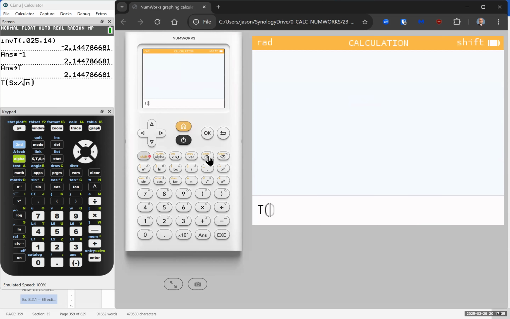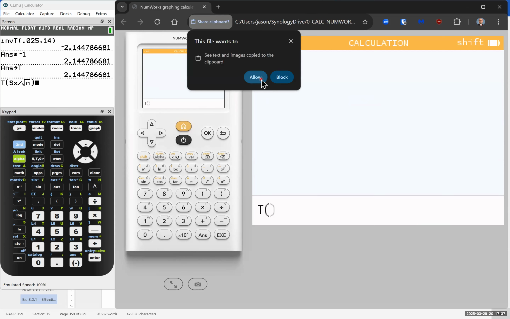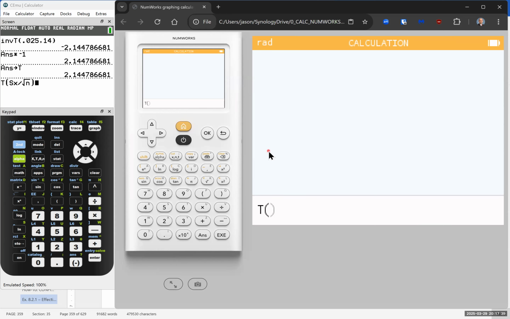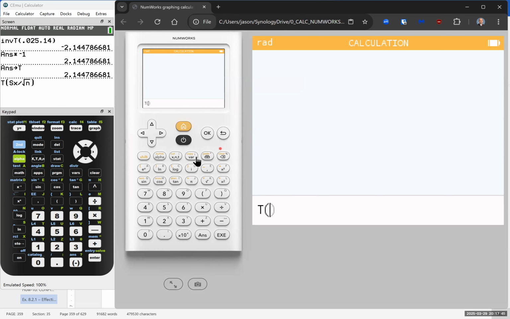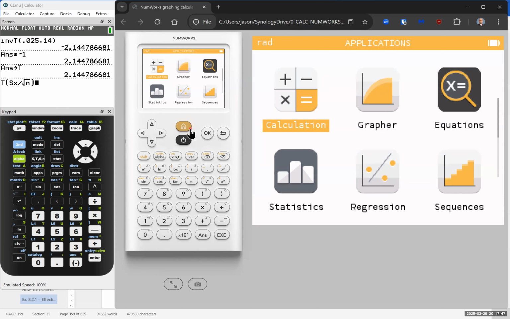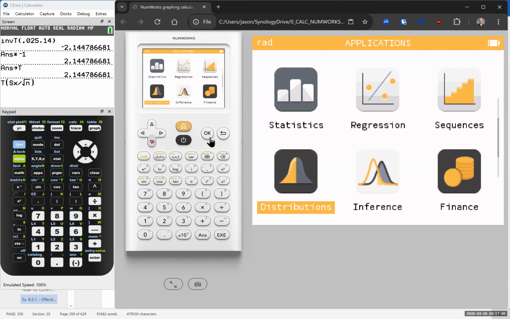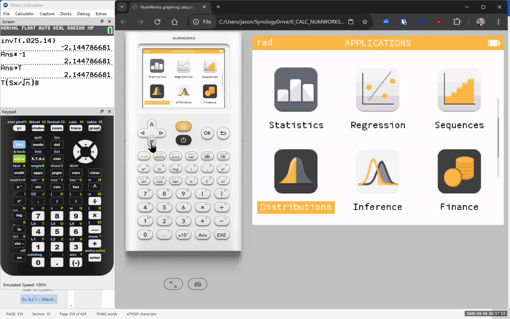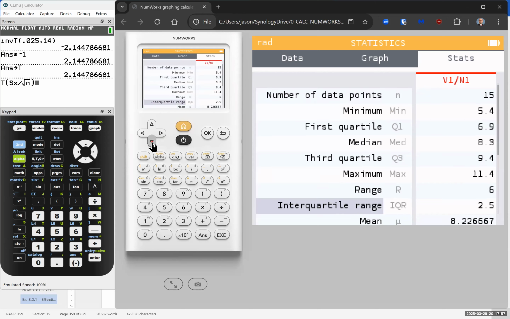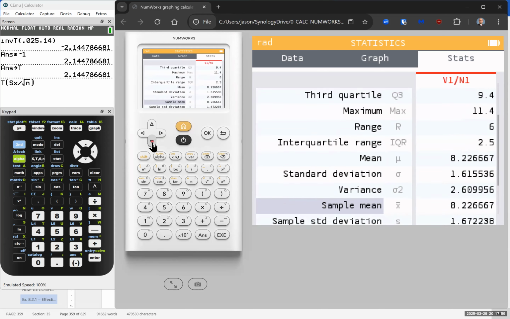Let me hit Shift paste. Nope, didn't work. Thought maybe that would work. Okay, well, I know there's got to be a way to do it.